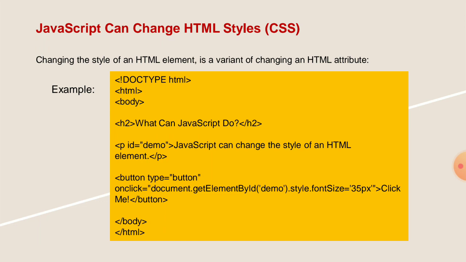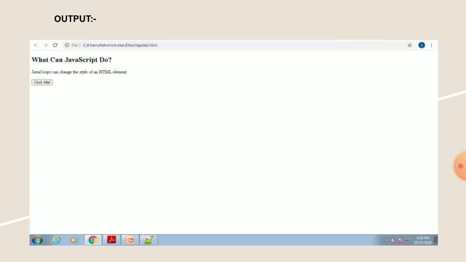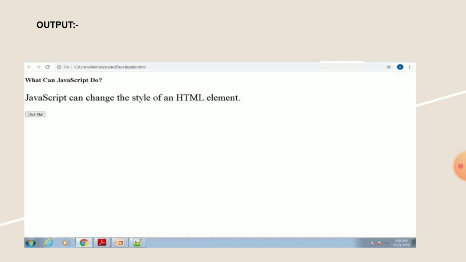Then the button code is document.getElementById demo, style.fontSize is 35 pixels. Click me, then close body and HTML. The output is this, and after the click the output is this.